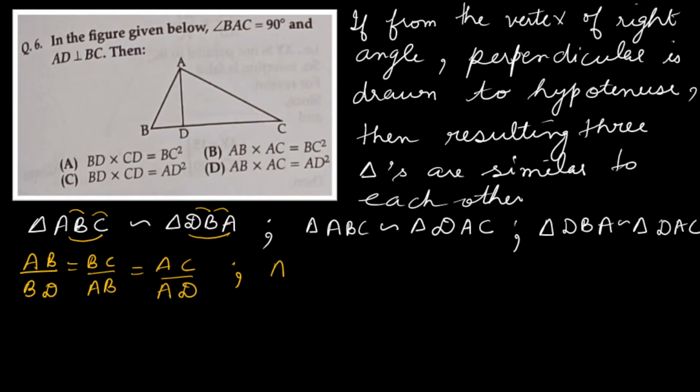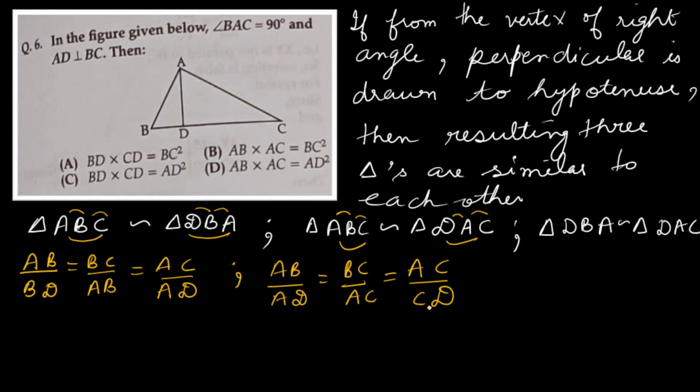AB by AD equals BC by AC, and this equals AC by CD.